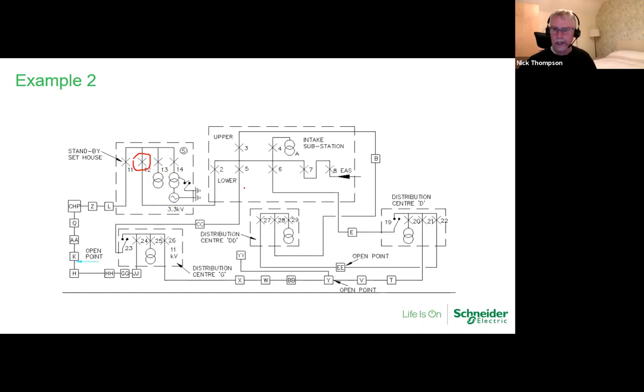That looks like it's where the supply comes in from somewhere. And we do have an open point there, an open point here, and an open point here. So are these ring main units, or are they something else? We don't know until we're actually told by somebody who is familiar with the actual network.